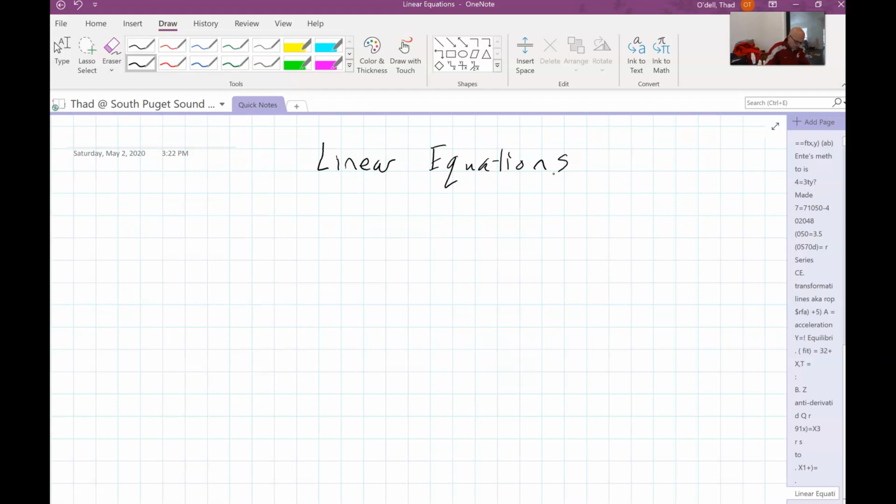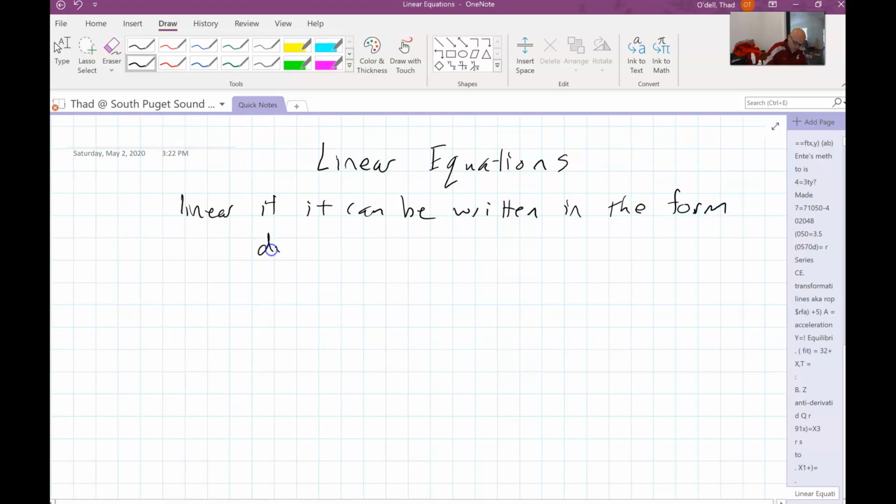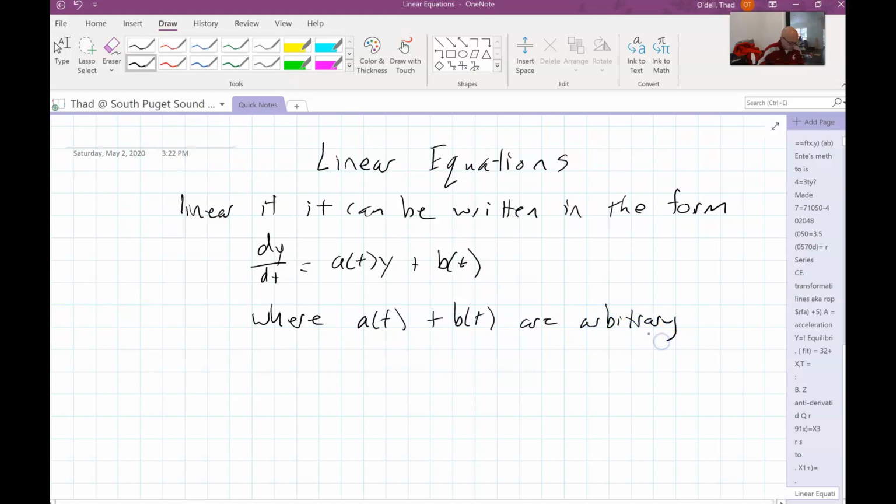So, a differential equation is linear if it can be written in the form dy/dt is equal to a of t times y plus b of t, where a and b are arbitrary functions of t.